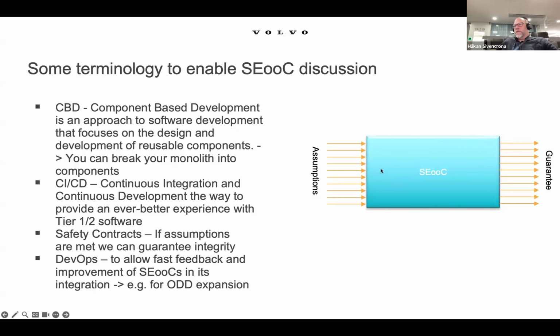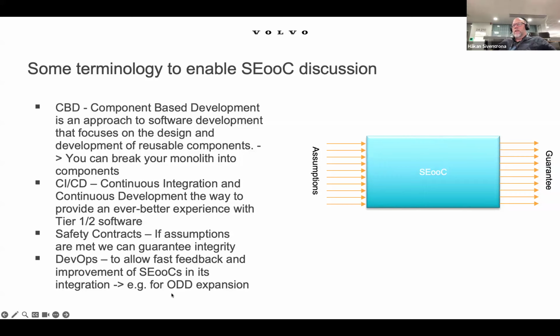And I can continuously see, well, this assumption is not met, so I shouldn't guarantee. Oh, now this assumption is met, so I can guarantee something. This is what we would like to set up with the safety element out of context design. It's not just a component. It's how it should be used, how it should be integrated, how it should be developed and improved.